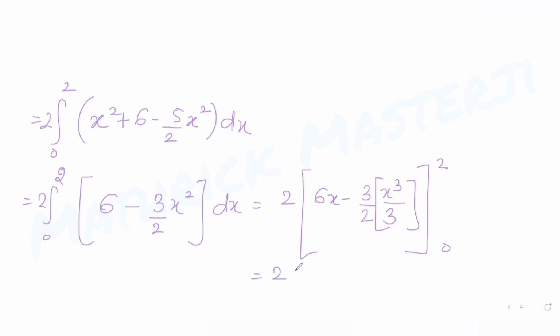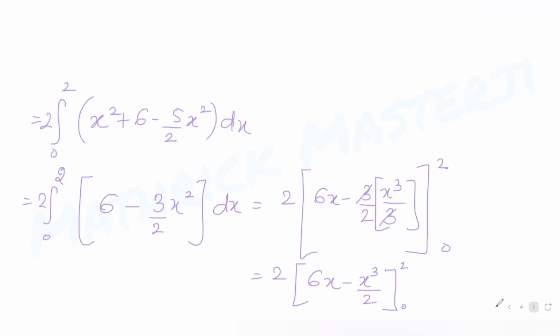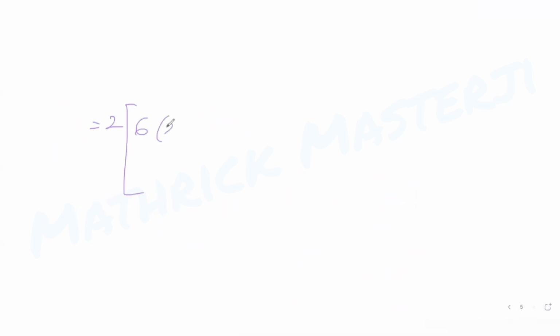So you get 2 times 6x minus x cubed by 2, from 0 to 2. Now you get 2 times 6 into 2 minus 0, minus, oh, not 2, it is half, so let's put half, times 2 cube minus 0 cube.